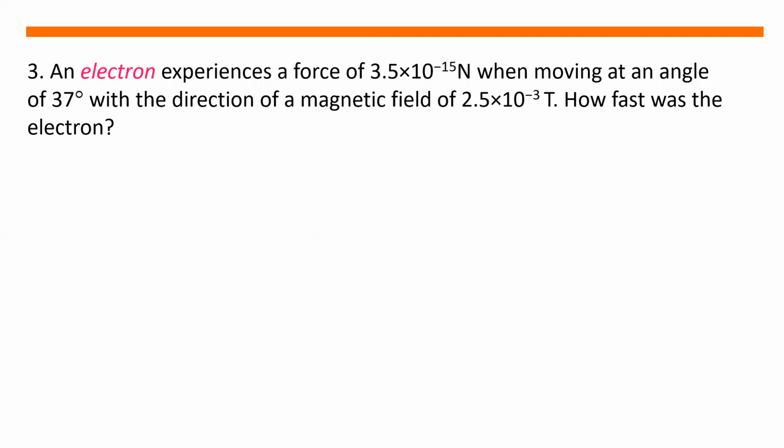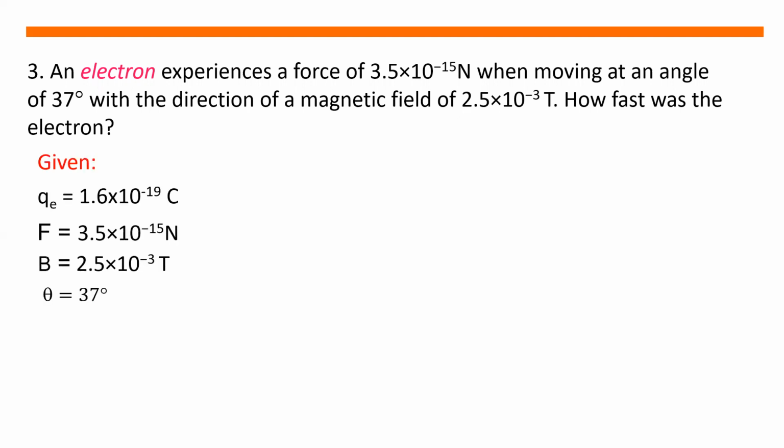Problem number 3. An electron experiences a force of 3.5 times 10 to the negative 15 Newton when moving at an angle of 37 degrees with the direction of a magnetic field of 2.5 times 10 to the negative 3 Tesla. How fast was the electron? Again, the charge of the electron will be the same value as the charge of a proton, which is equal to 1.6 times 10 to the negative 19 coulomb.